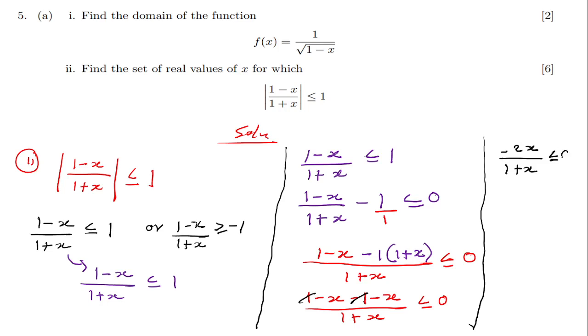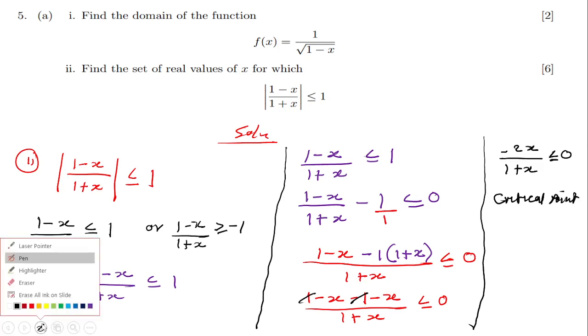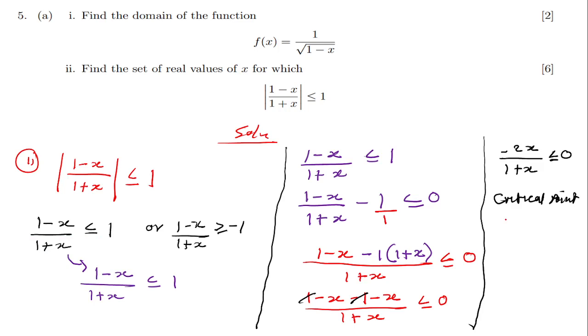So when you have that, your next point is to find the critical point for this particular inequality. So how do we find the critical point? You're going to say negative 2x is equal to 0, over negative 2 over negative 2, x is simply equal to 0.